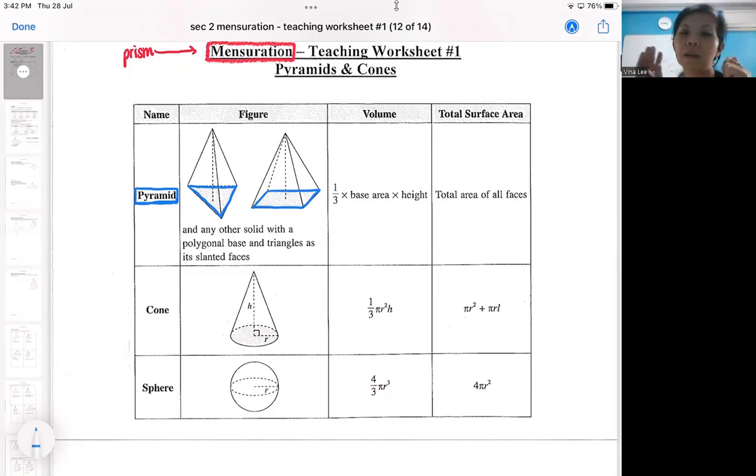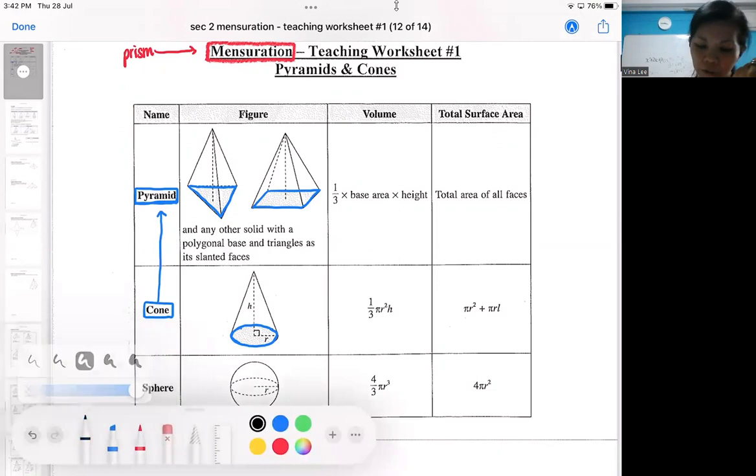But in actual fact, we can have a lot of shapes, including a circle. That's why this is part of the pyramid family, because it is still like a pyramid, except that the base is a nice circle.